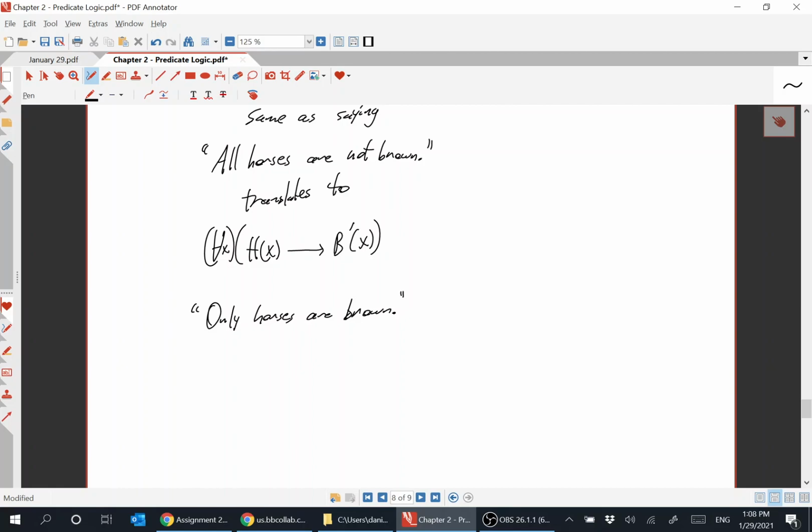So just horses. Not trees, not the dirt, not your brown shoes. Those aren't actually brown. Nothing, just horses. Not bears, just horses. Only horses are brown.